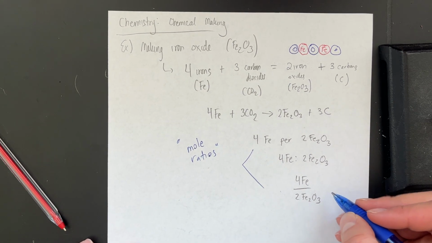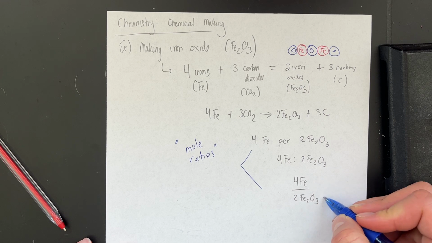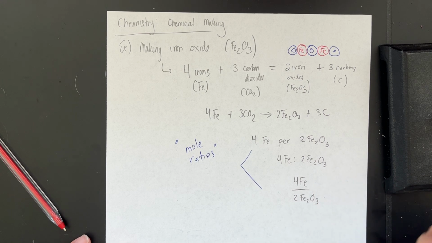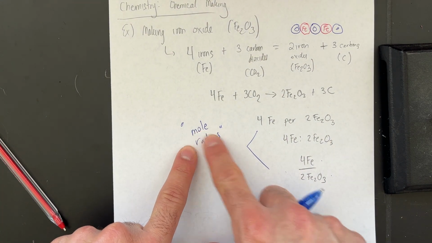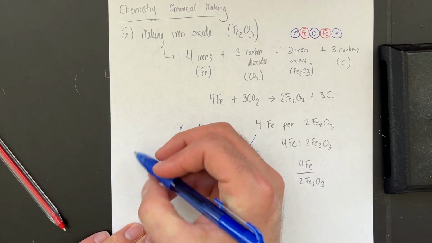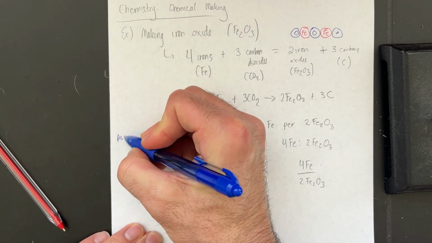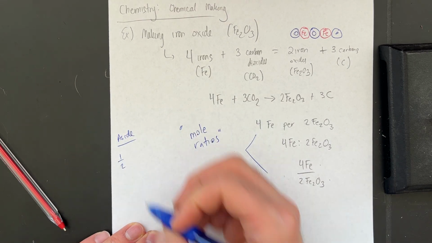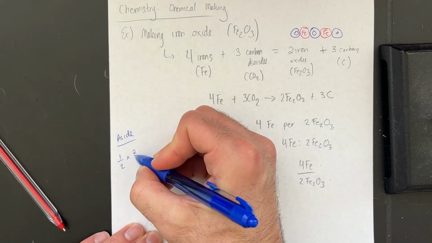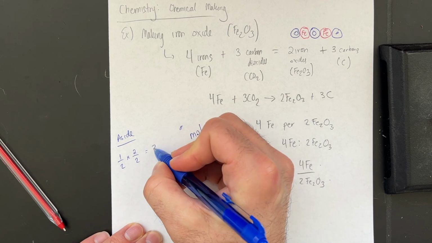But if I multiplied this and this by 6.022 times 10 to the 23, we have the same thing still. So if you care to know why we call it mole ratio rather than molecular ratio, here's just an aside. If I have, for example, 1/2, and I multiply both sides by 2, what would I get?